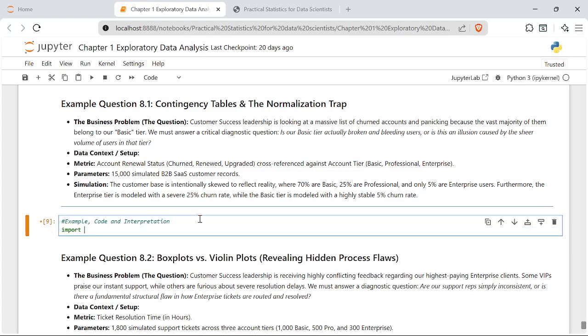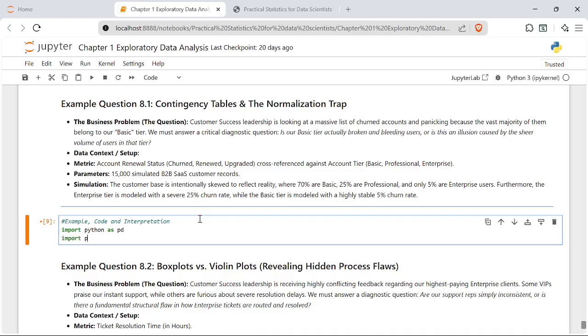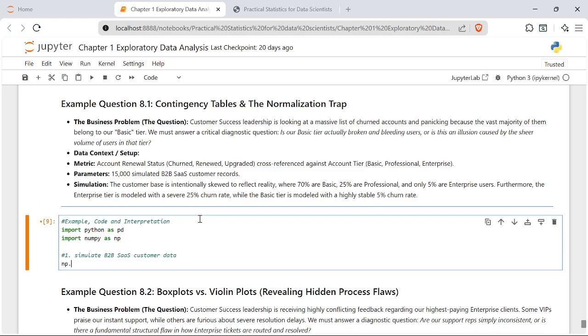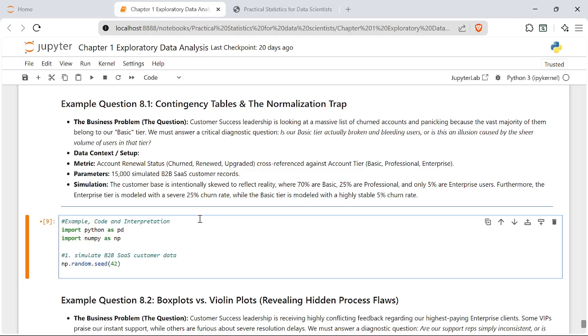Import pandas as pd, import numpy as np. So for number one, simulate B2B SaaS customer data. np.random.seed(42). n_customers equals 15,000.